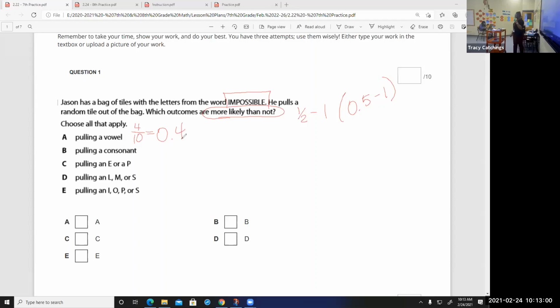Pulling a consonant. So if I had 4 vowels, how many consonants do we got? 6. What's 6 tenths? Is that between 1/2 and whole? Yes. All right, they said pulling an E or a P. How many E's and P's we got? 2.